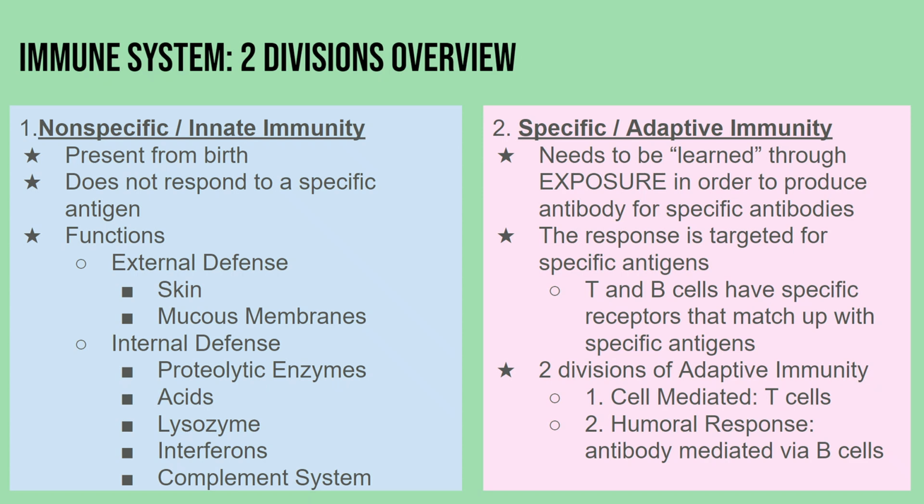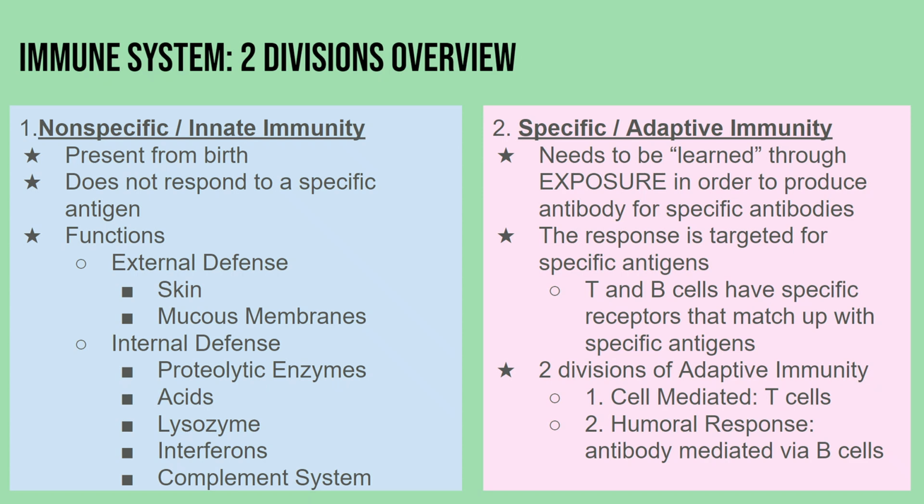Specific or adapted immunity needs to be learned through exposure to produce antibodies for the specific antigen on the pathogen. The response is targeted for specific antigens, and antigens are pieces of the pathogen that the body can recognize. Are you good on these terms that I'm using?